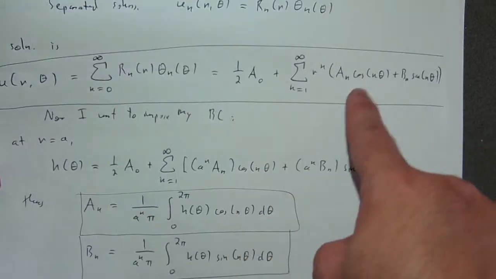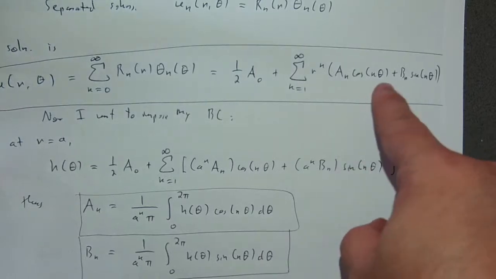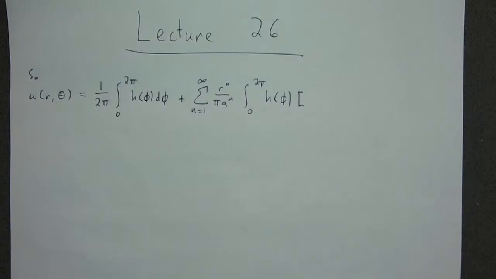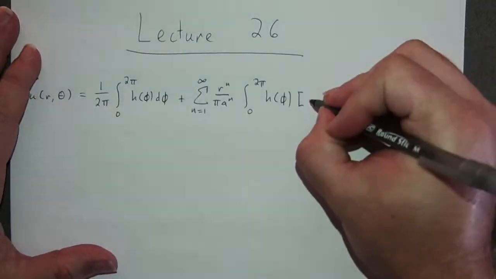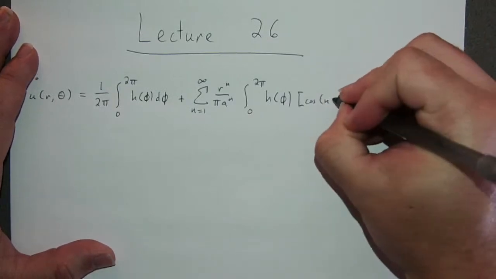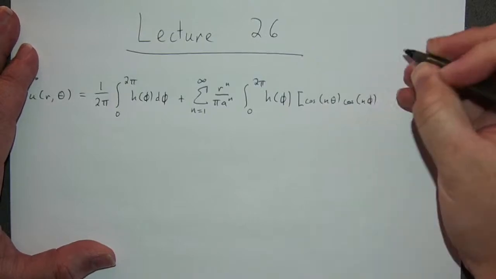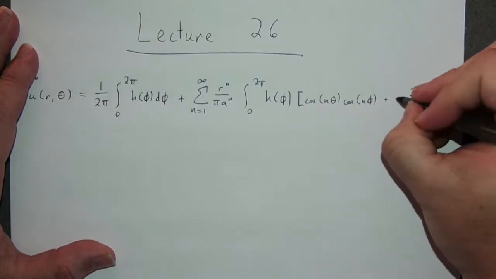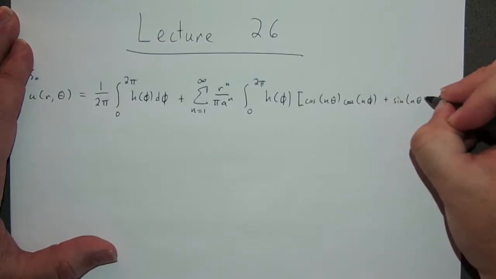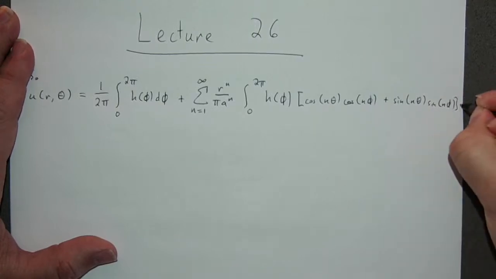So I'm going to have cosine, cosine, and sine, sine, except instead of both being theta, one of them is going to be phi in each pair. So this is going to be h of phi times cosine of n theta times cosine of n phi plus sine of n theta times sine of n phi d phi.